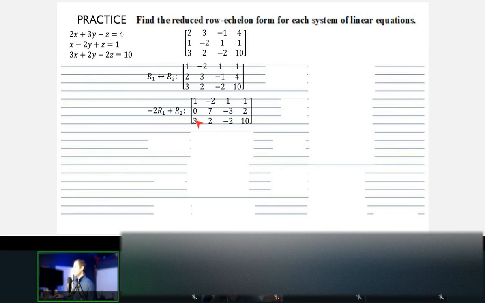So how do I make this a 0? What's the operation that we're going to do? Negative 3 times row 1 plus row 3. I would agree with you.